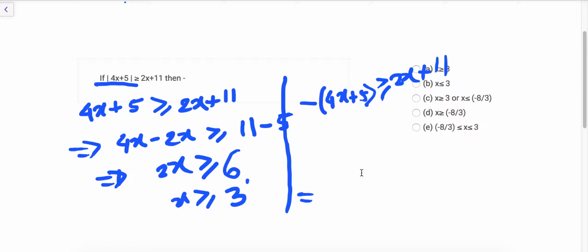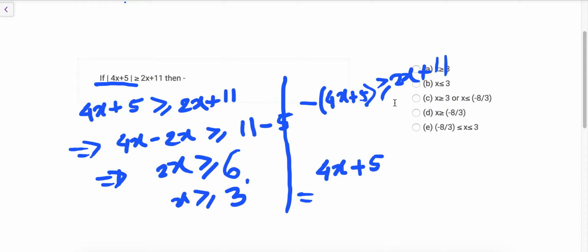Another very important thing about solving an inequality problem is that if we multiply both sides of an inequality with a negative, minus 1, then the sign of the inequality changes or reverses. So here we want to multiply both sides with minus 1, then it becomes 4x plus 5.